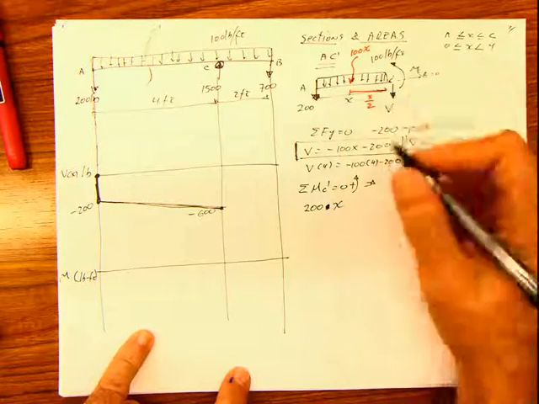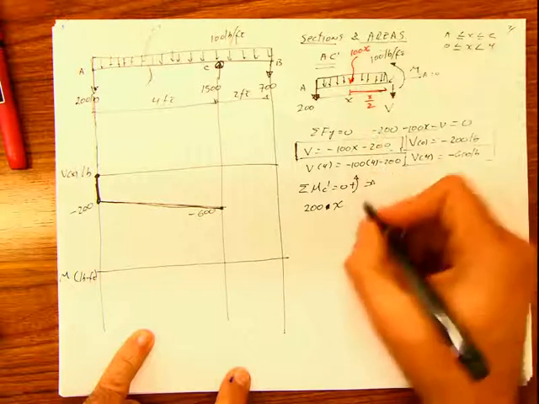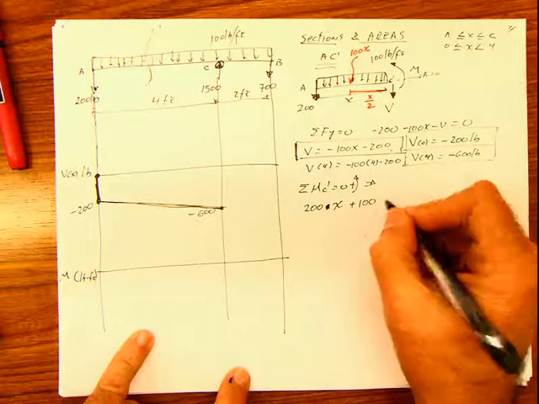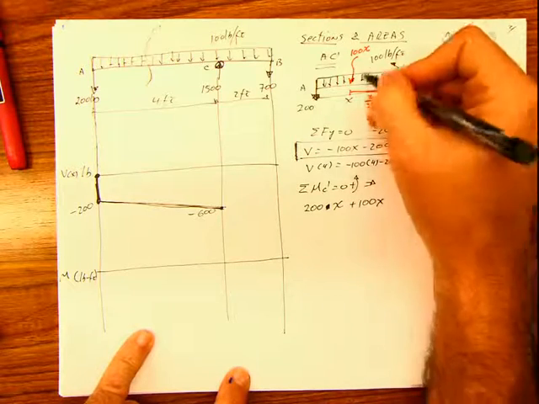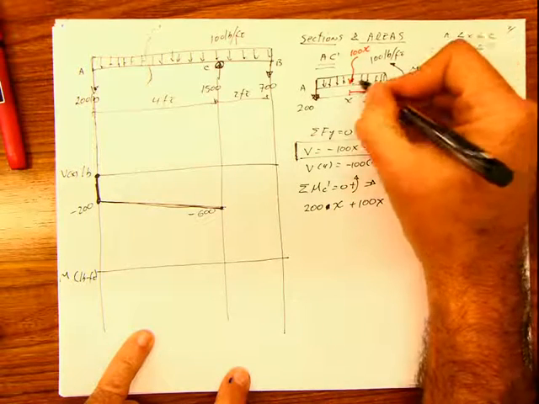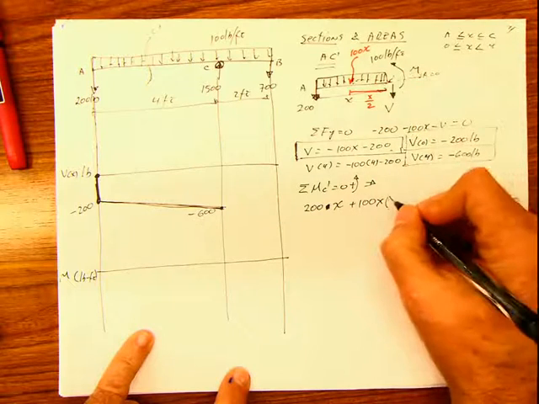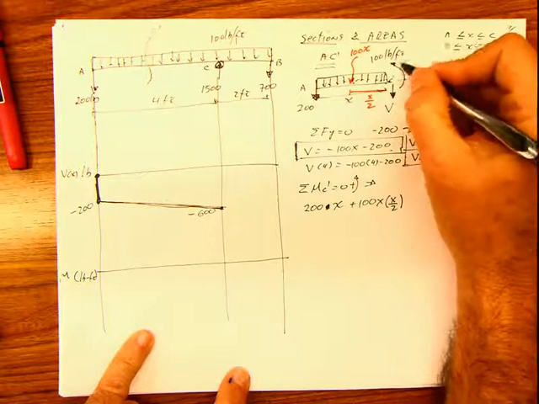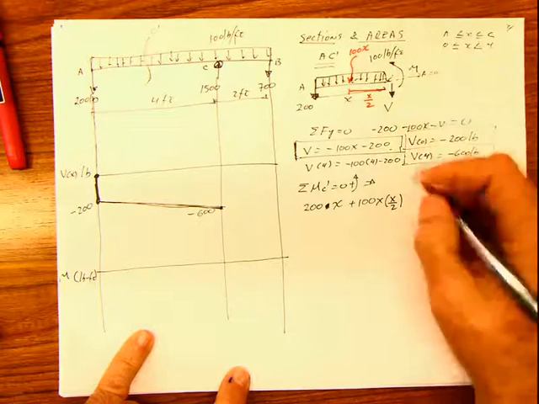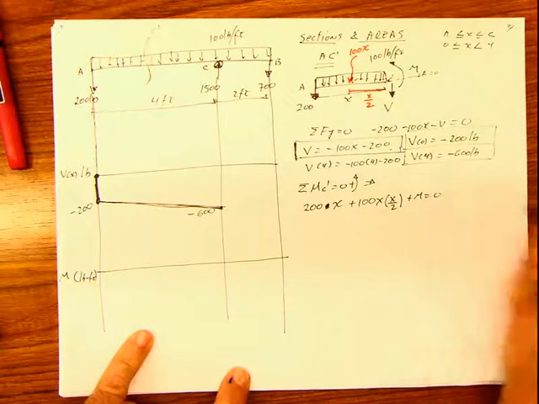That is positive. 100x is positive also. 100x is the force times the distance. We said that it was x divided by 2, minus M, no, plus M in the same direction, equals 0.